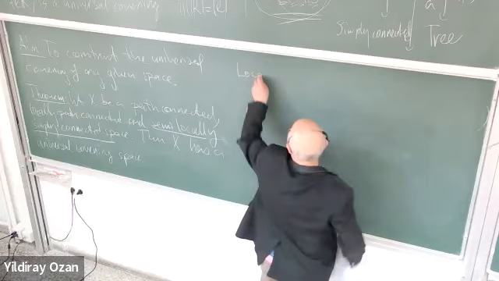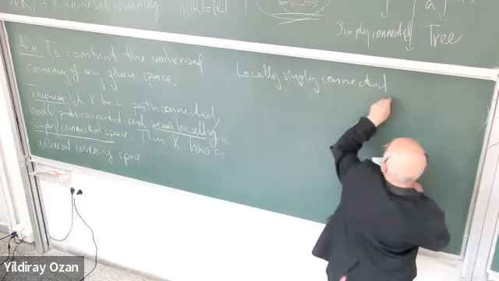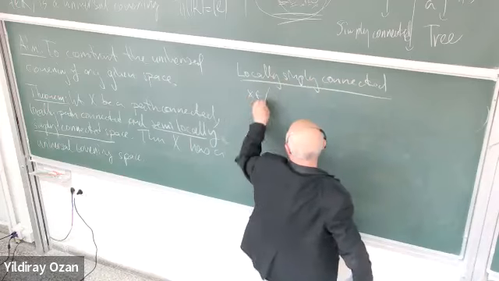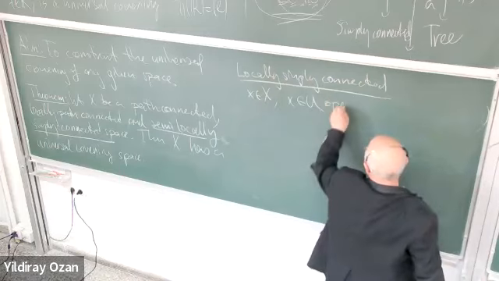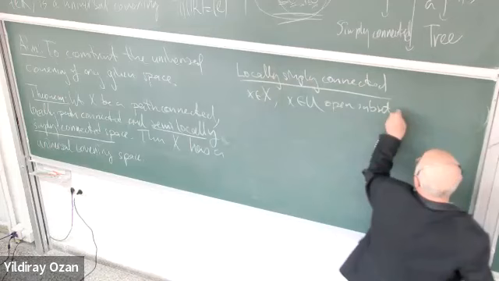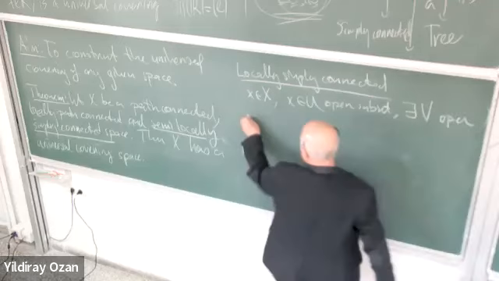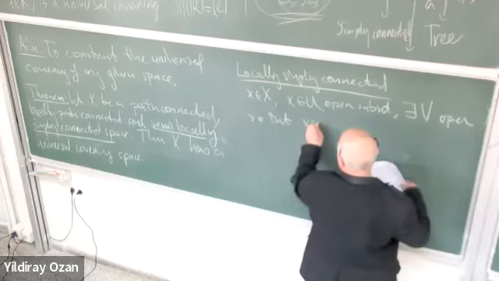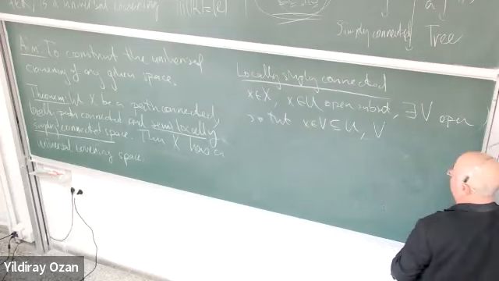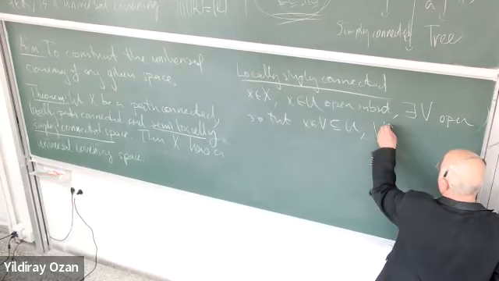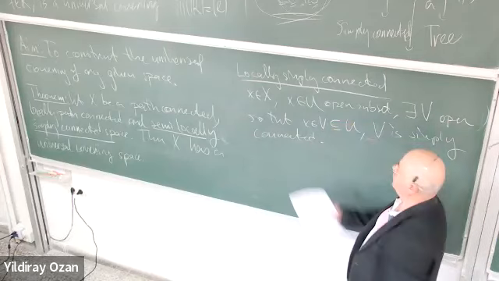So locally simply connected means the following: given any point x and a neighborhood, an open subset U, there is another open subset V so that x is in V, V is contained in U, and V is simply connected. That is locally simply connected.